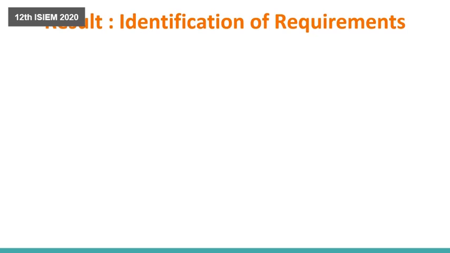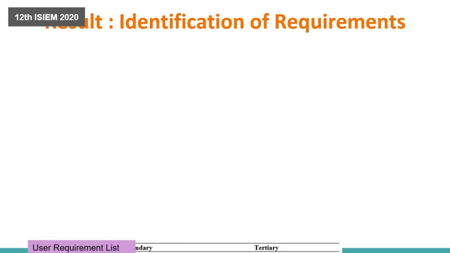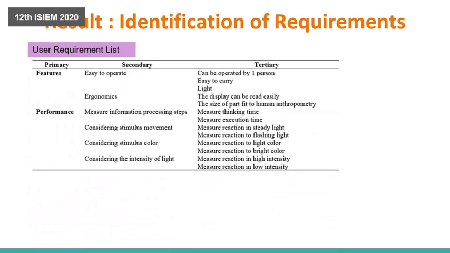The first result is identification of requirement. It is an example of the user requirement list. Here, we want to differentiate between thinking time or cognitive time and the execution time or movement time.